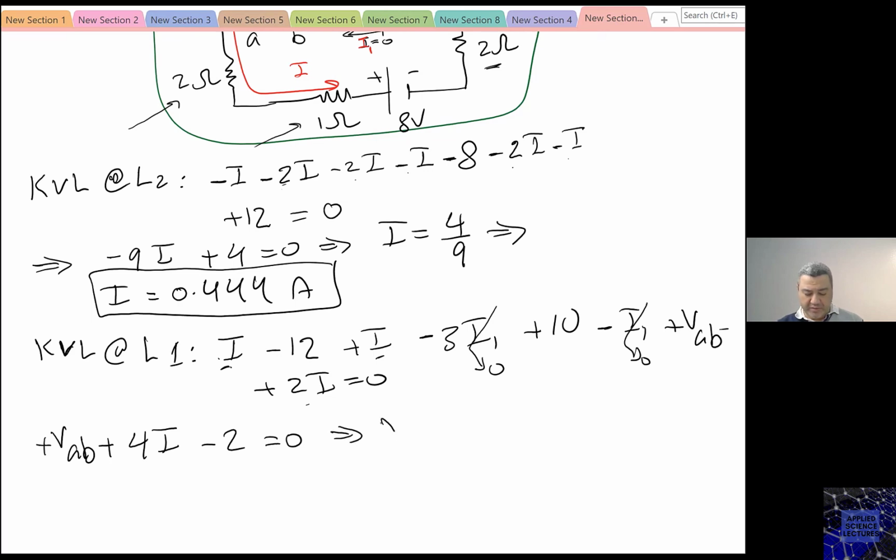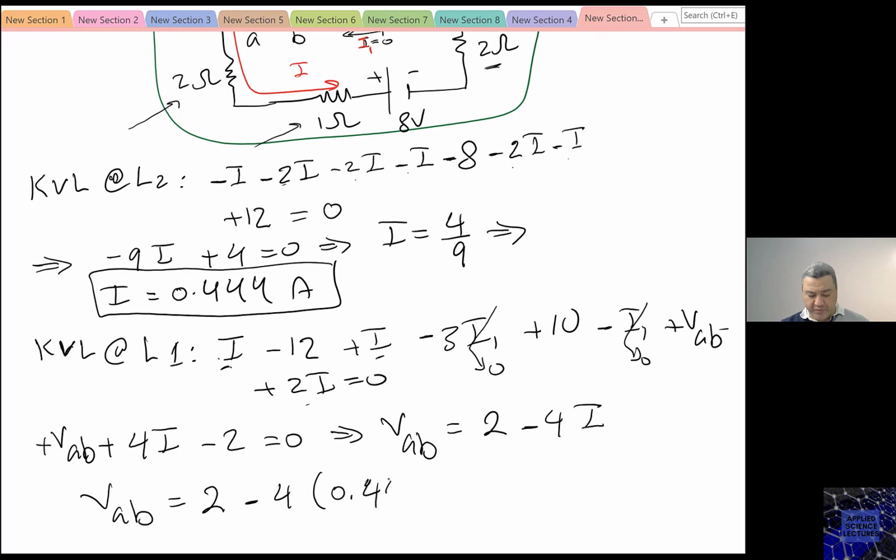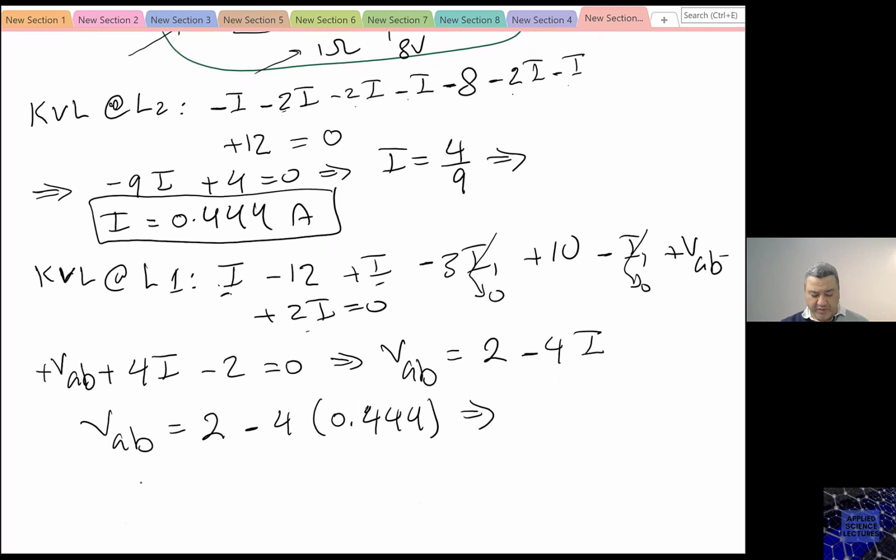Then VAB equals to 2 minus 4I. VAB is 2 minus 4 times 0.444. Then VAB equals 2.22 volts.